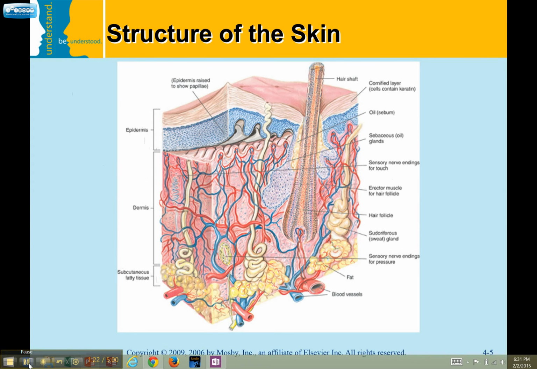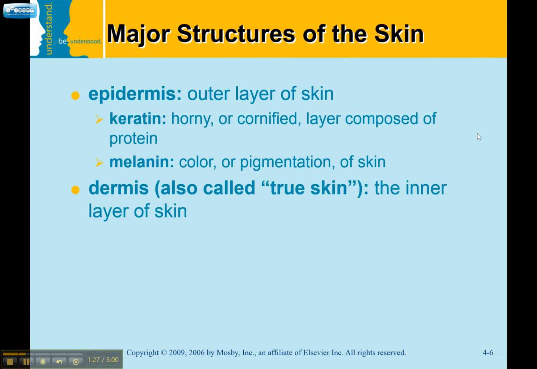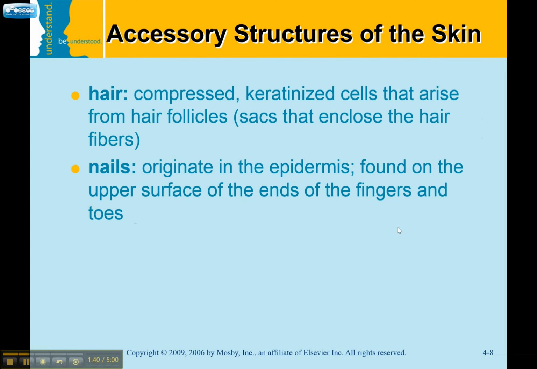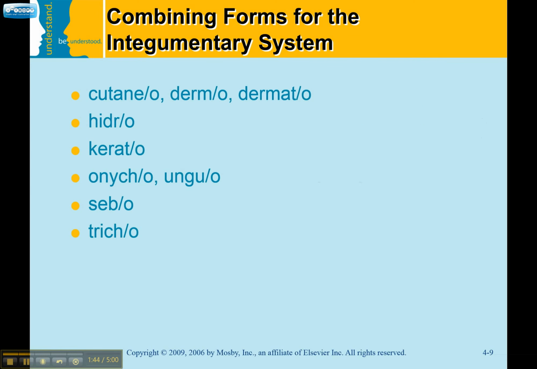When we talk about the stuff that you need to know for the quiz, you also need to be sure you know the definitions that can be found on the following slides. The epidermis is the outer layer of the skin. The dermis is the inner. And then they talk a little bit about the glands. Be sure you know all these different parts and be able to answer them in terms of matching or multiple choice. So now we're going to go into the combining forms for this system.